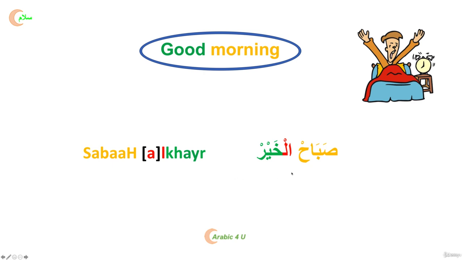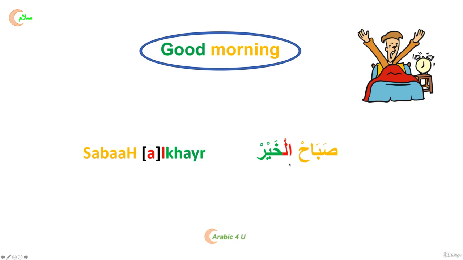Okay. Now you notice that I color coded all the words, so you would know that the word sabah means morning, and then khair means good. Sabah, morning, khair, good. Now in Arabic, we also use the. So what you see here in red is the. So basically in Arabic we say morning, the good, and good here is not an adjective.